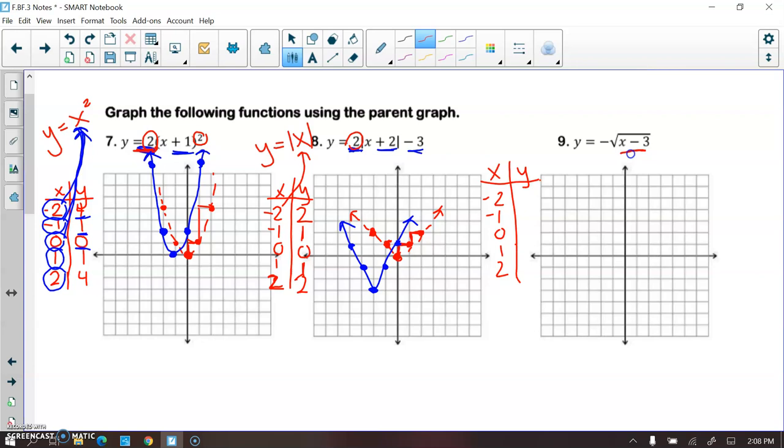If I put a -2 in for x here in my parent function, the square root of -2 is an imaginary number, and we cannot do the square roots of negative numbers in algebra. So same with the square root of -1. We can't do that. We're not going to take the square root of negative numbers.